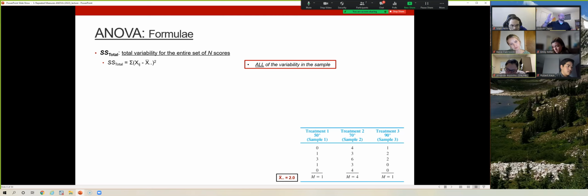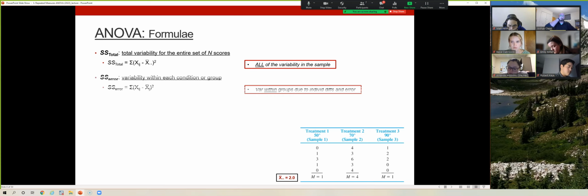If I were to go through in SPSS and calculate the variance of my outcome, that's the variability represented by my sum of squares total. Remember that sum of squares is just the sum of squared deviations. It's just an alternative metric of variability. Sum of squares, variance, standard deviation, they're all different versions of the exact same thing. It's just variance, or variability.